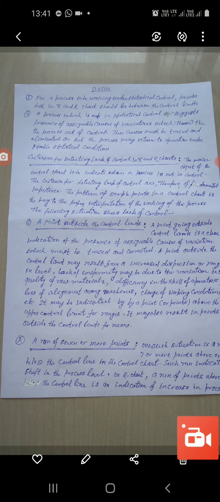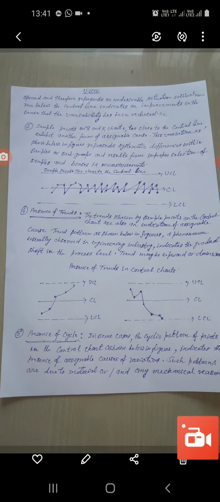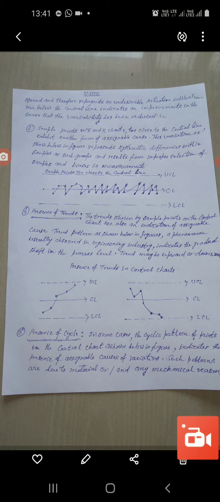A run of points above the control line is an indication of increase in process spread and therefore represents an undesirable situation, while a run below the central line indicates an improvement in the sense that variability has been reduced.